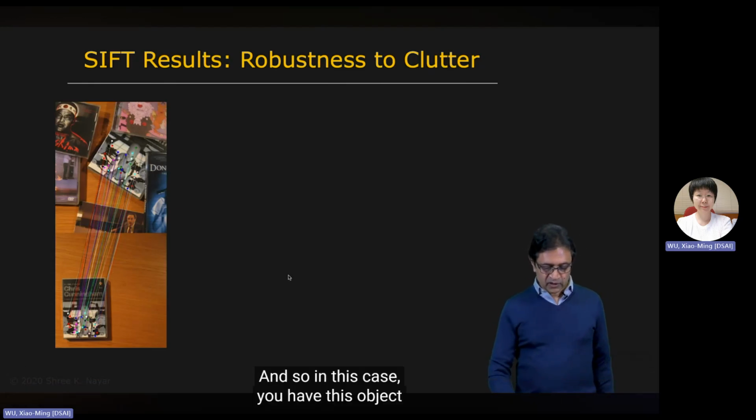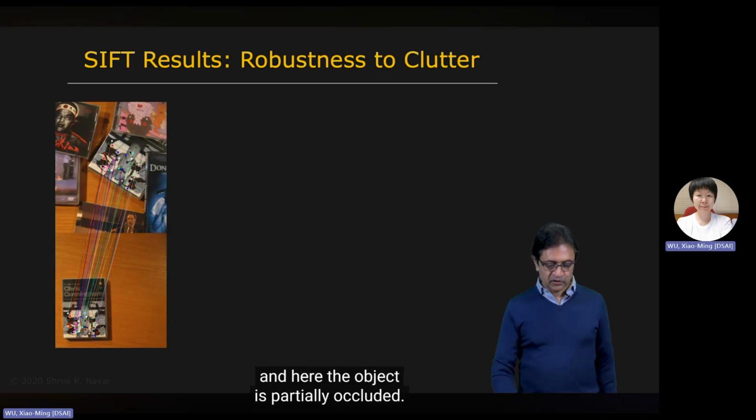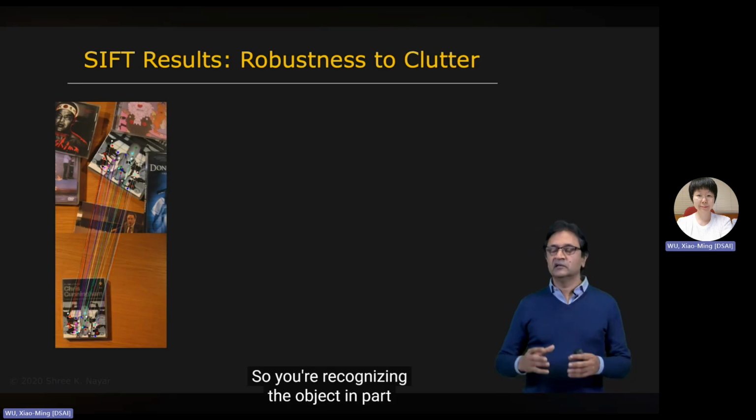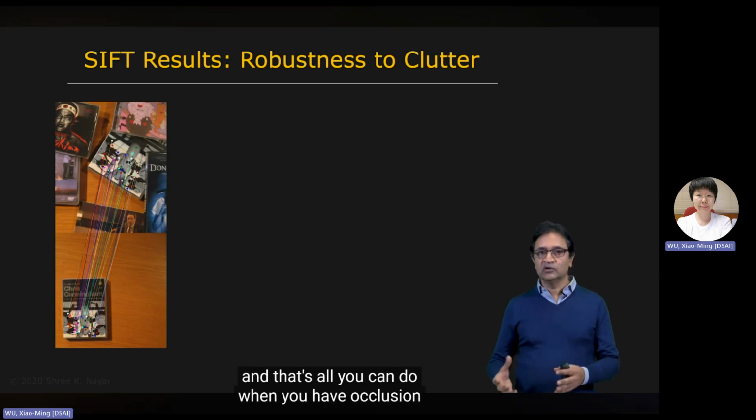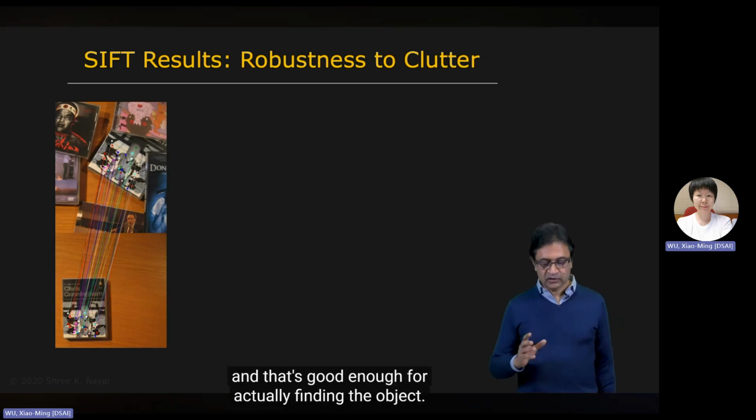So in this case, you have this object, and here the object is partially occluded. But whatever features were recoverable from this object, you're able to find them in this object right here. And it doesn't have any mismatches with other objects. So that's really important. So you're recognizing the object in part, and that's all you can do when you have occlusion, and that's good enough.